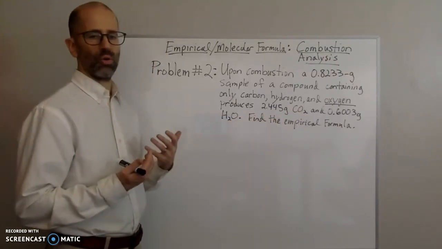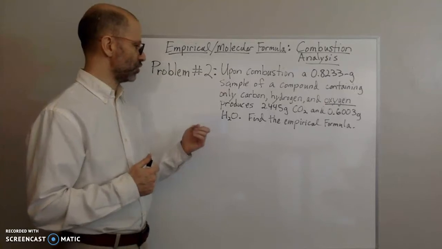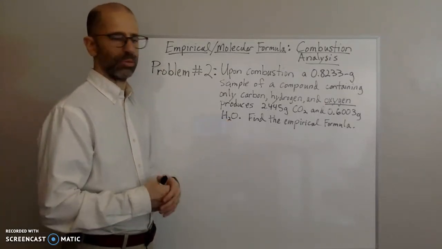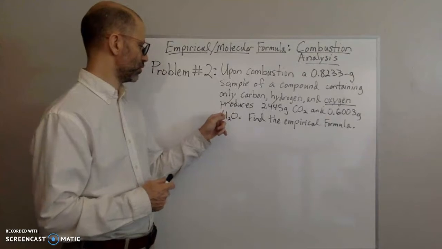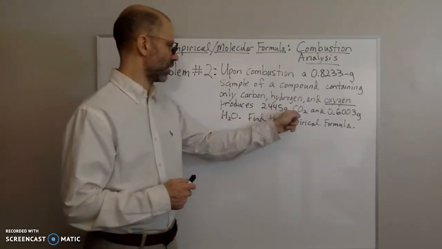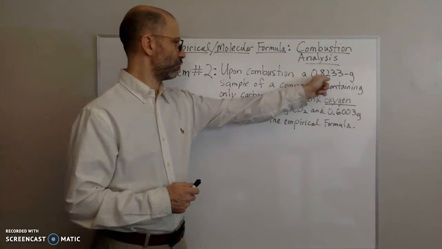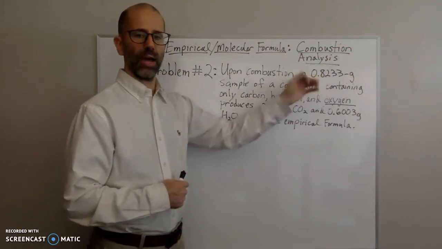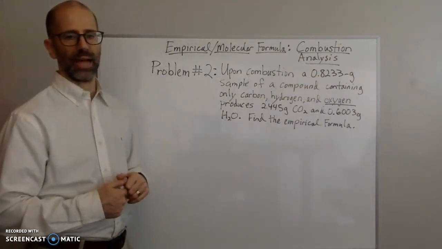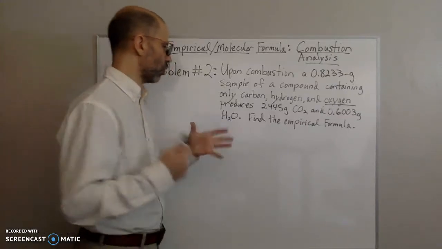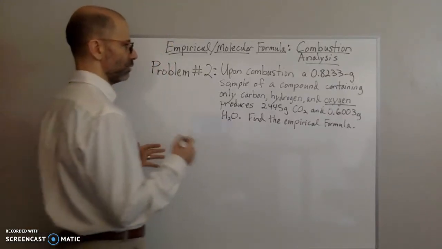So we don't know how much oxygen is from the atmosphere and how much was from the sample. So that's why it's important to find the hydrogen and carbon first, and then we're going to subtract those out from the original sample, and what's left over has to be the oxygen because those are the only three elements in there. Okay, so what we need to do is we start like we did before.